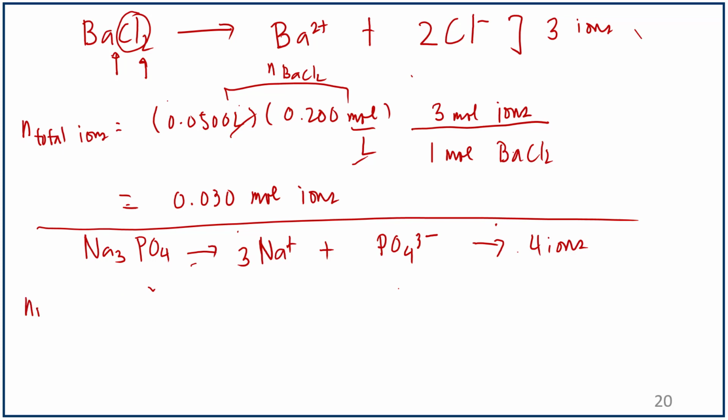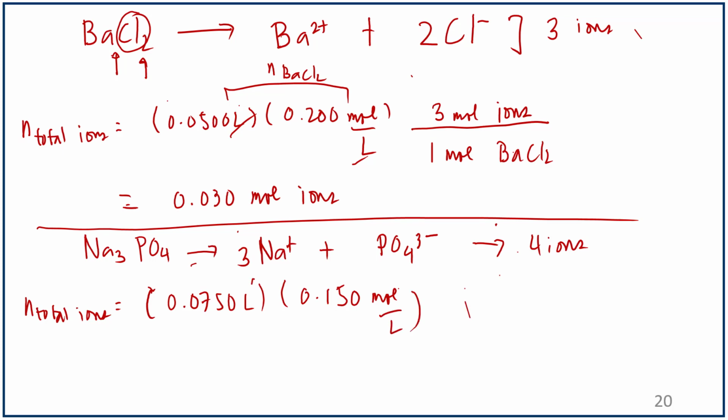So the number of total ions will be equal to 75 milliliters times 0.150 moles of sodium phosphate per liter.